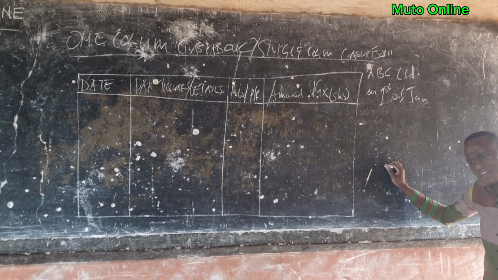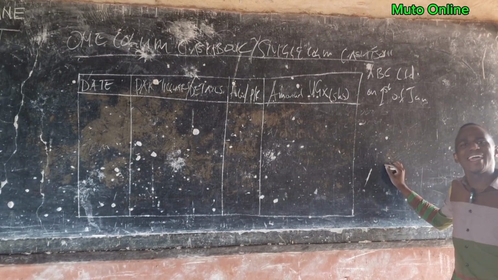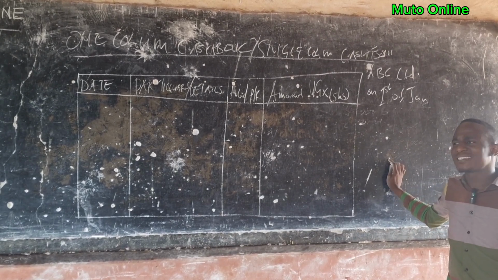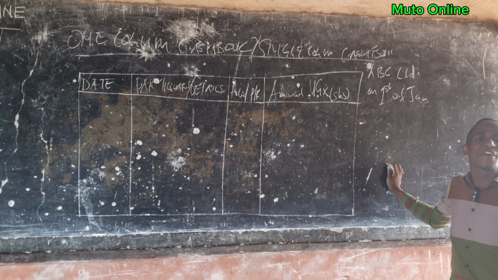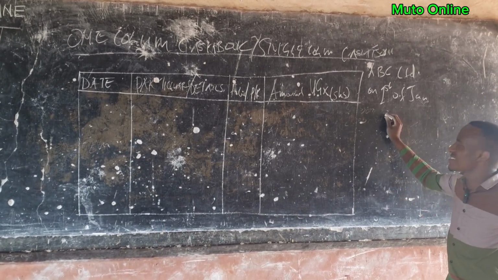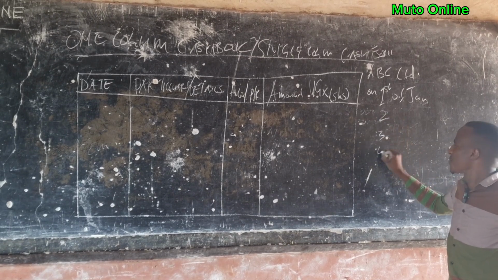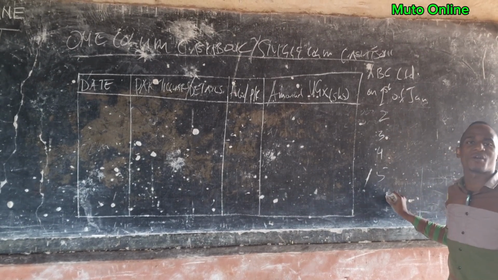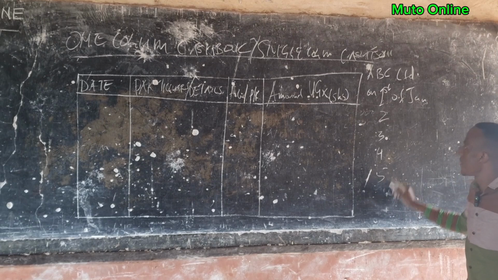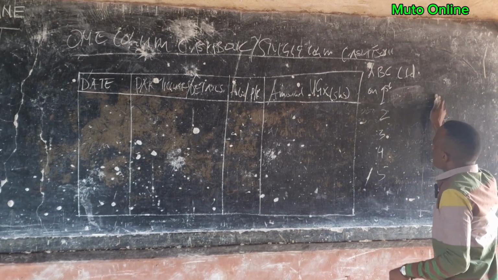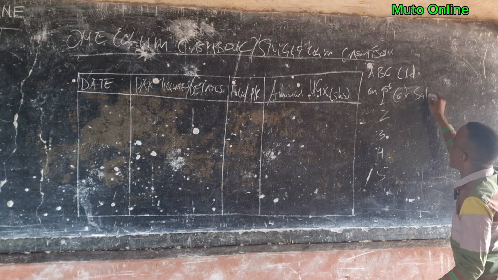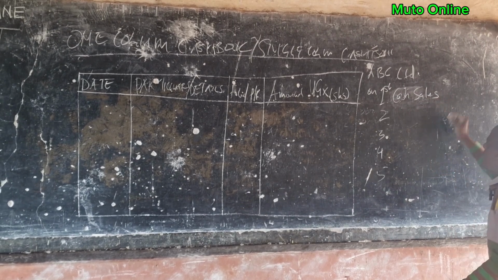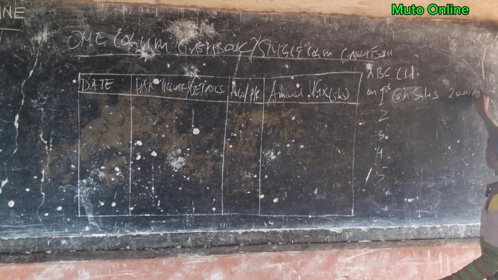Someone may say it is a hard terminology, but in simple layman's language, these dates follow each other from 1st to 2nd to 3rd to 4th to 5th, up to where the question ends. So, we had a cash sale on 1st of January. We made a cash sale of 2 million.